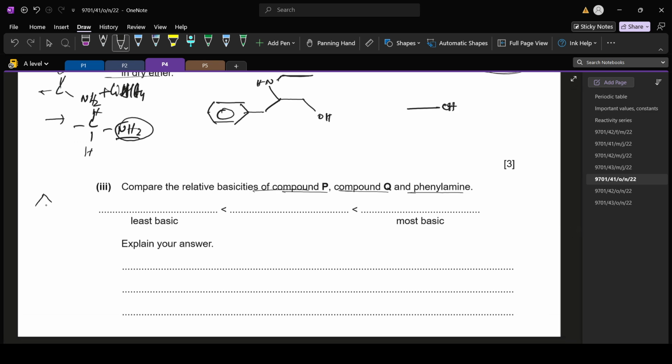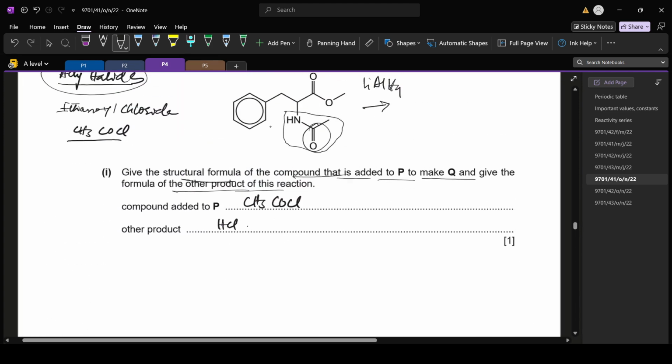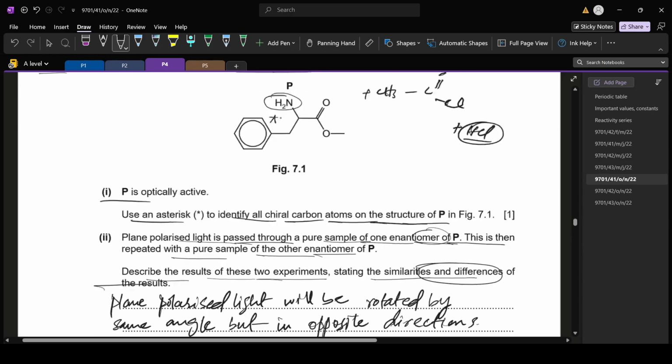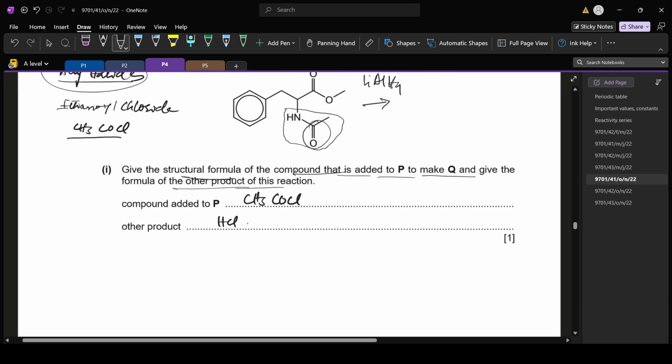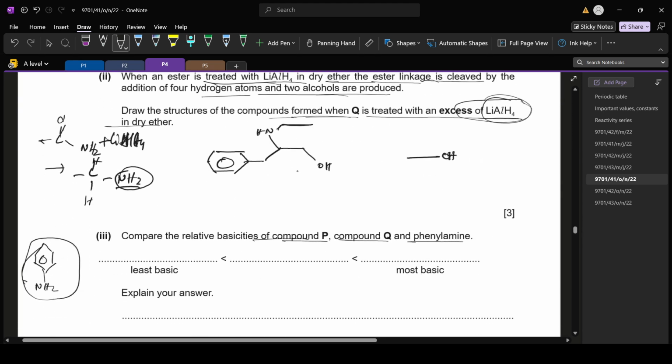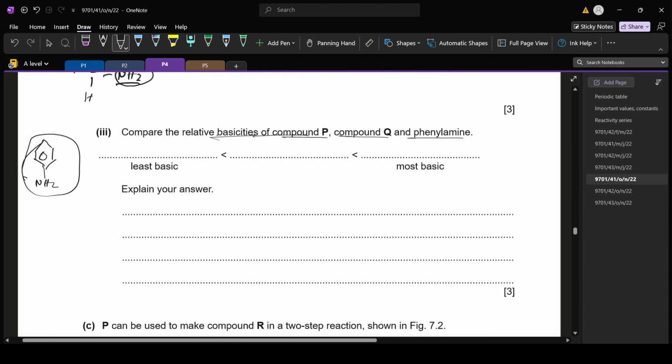So the structure of phenylamine is this. This is the structure of phenylamine, and you have then Q, and you have P. So basicity actually depends on the availability of the lone pair.